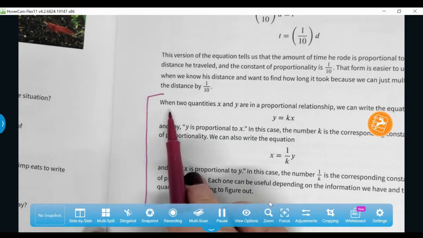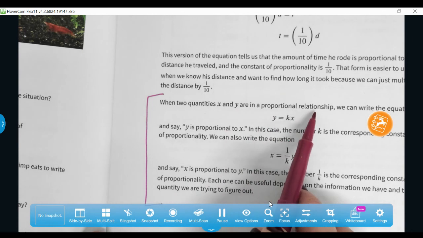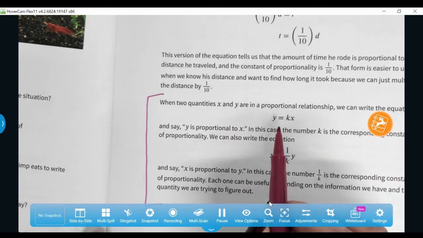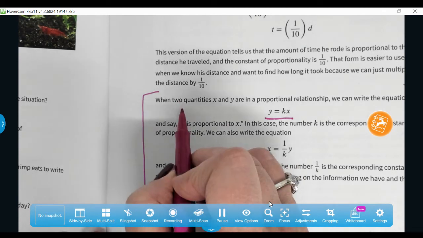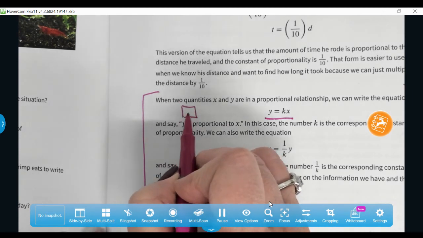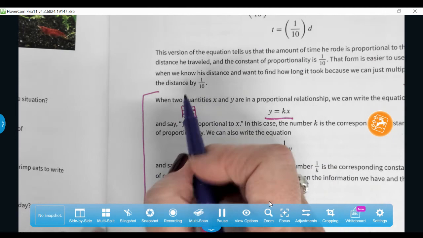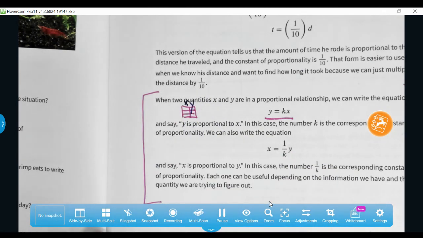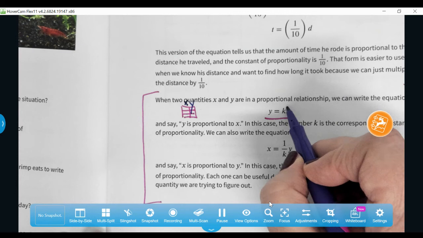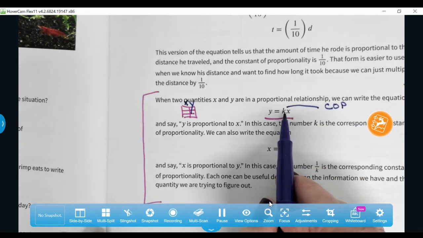When two quantities, x and y, are in a proportional relationship, we can write this equation. Yes, and you're really familiar with that. That was those tables that we had, when you had a table like this, and we had x here, and you had y. And there's our constant. Remember, that is the same thing as the multiplier, right?